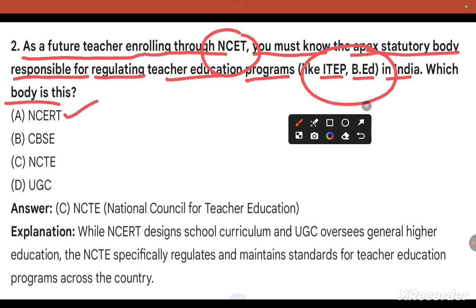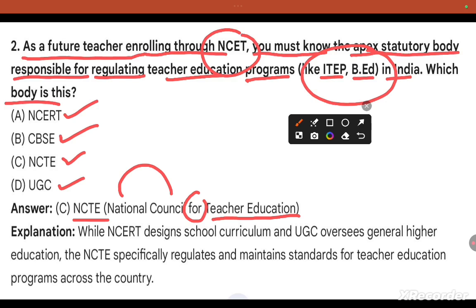A. NCERT, B. CBSE, C. NCTE, D. UGC. So here the answer is NCTE. Remember the abbreviation: National Council for Teacher Education.